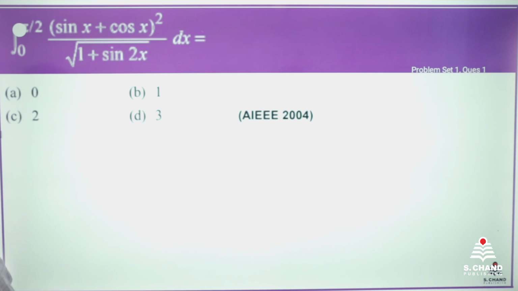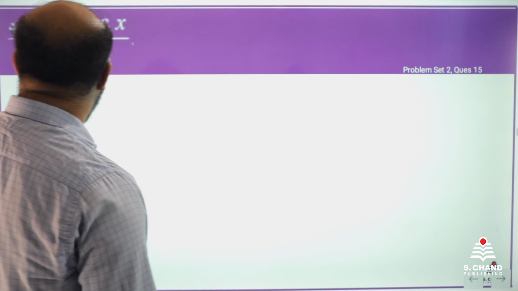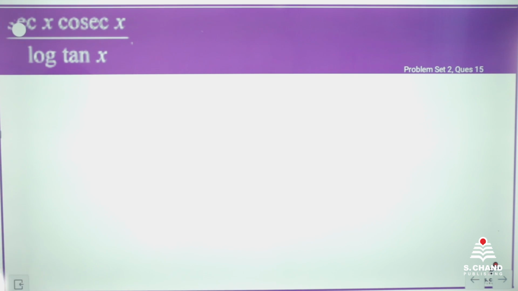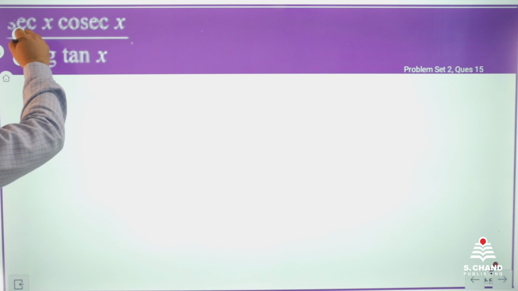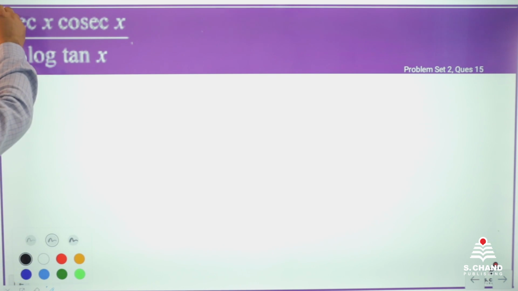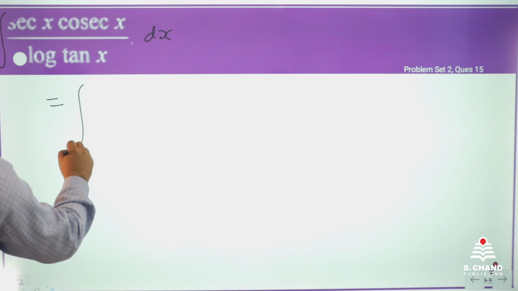Now let us come to the next question. The next question says sec x into cosec x by log tan x, and you have to integrate this. So first of all, let us write it like this.